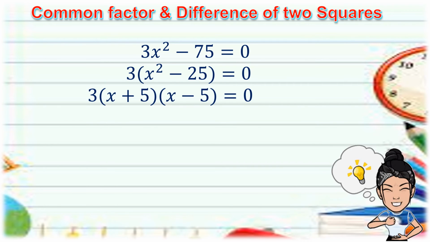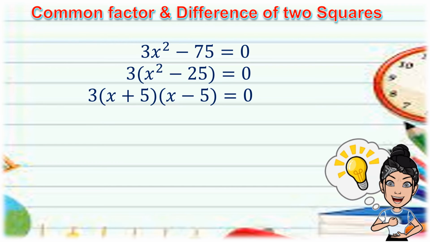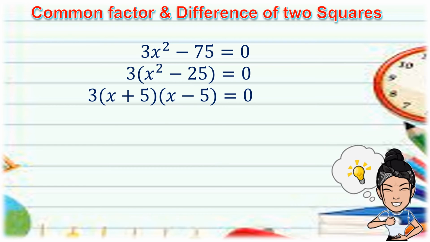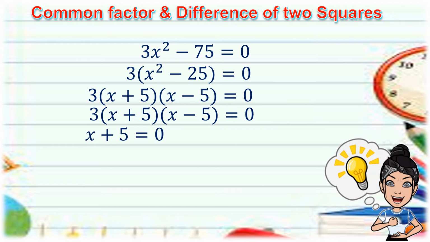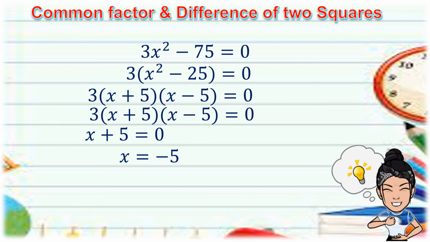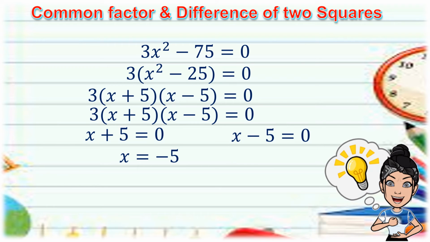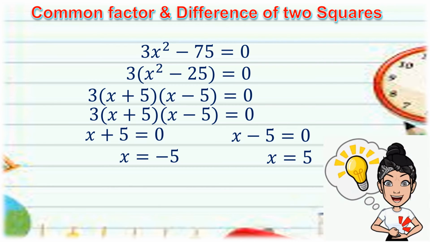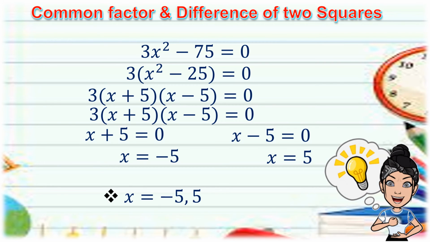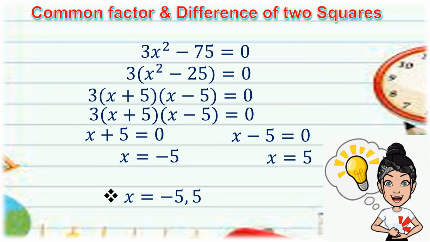So the factors are the following: 3 times x plus 5 times x minus 5 is equal to 0. Then we are going to equate x plus 5 is equal to 0, then x minus 5 is equal to 0. So we get x is equal to negative 5 for the first one and x is equal to 5 for the second one. So the roots of this quadratic equation are negative 5 and positive 5.